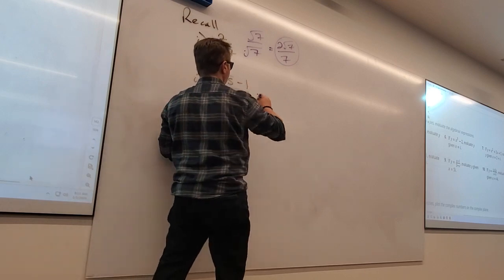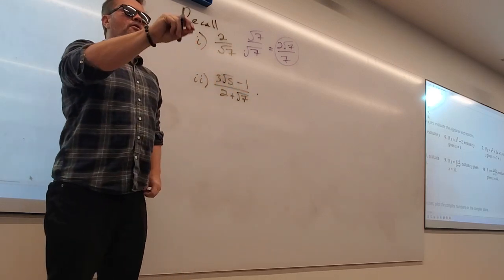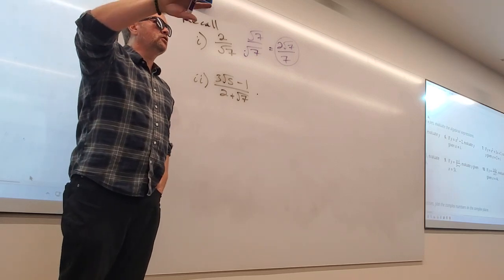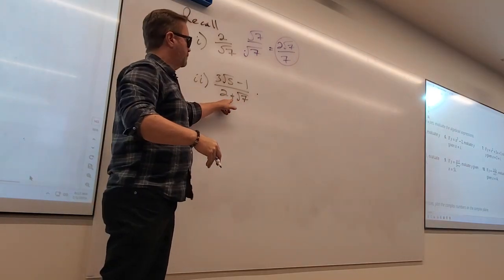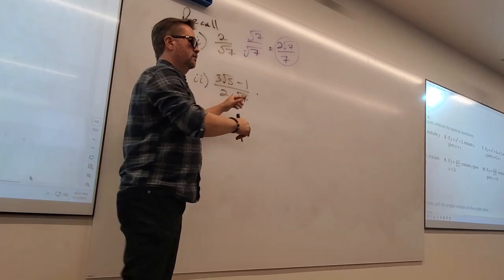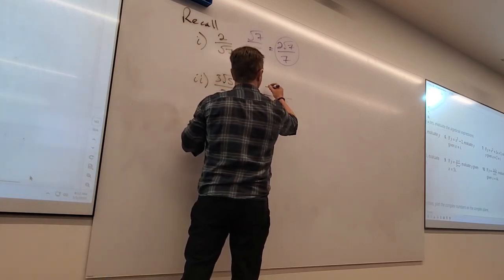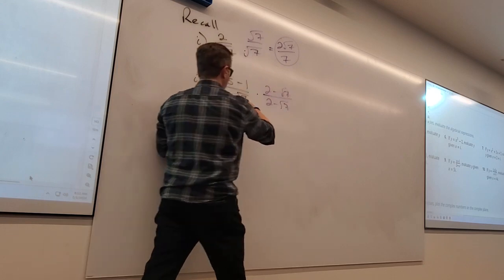So watch what I can do. If I multiply by something related to difference of squares, the same things with the opposite sign in the middle, let's see what happens. I'm going to multiply by 2 minus square root of 7. Help me FOIL the bottom.